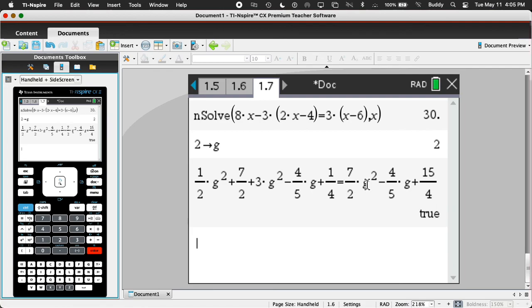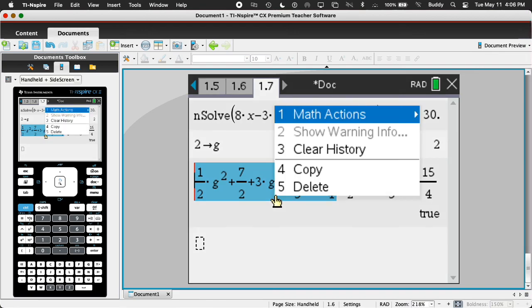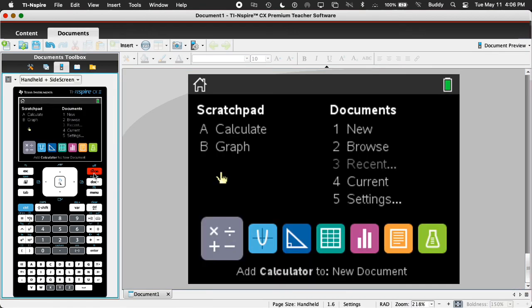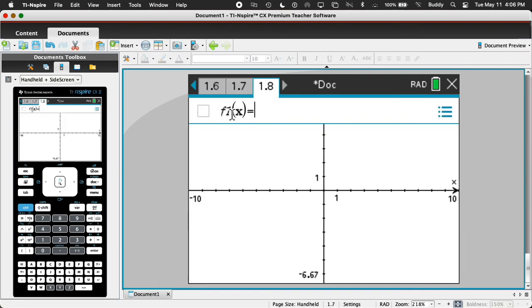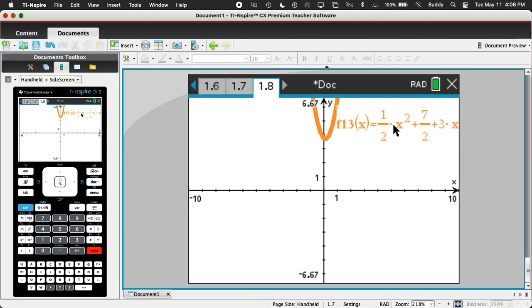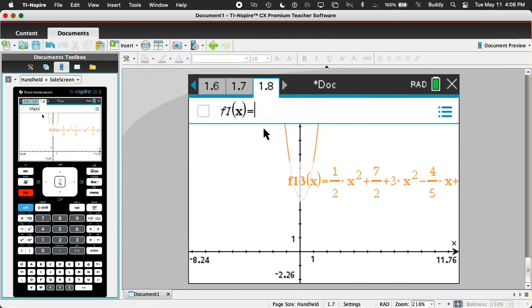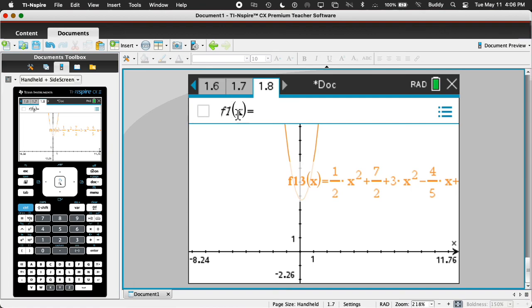On the other hand, I could have also typed this in utilizing my graph. So I'll head over here and I'll call this F13. And of course, we have to change these guys to X's because we can't graph anything but X's. And here is my graph. Whenever I find my solution, it should look exactly the same.